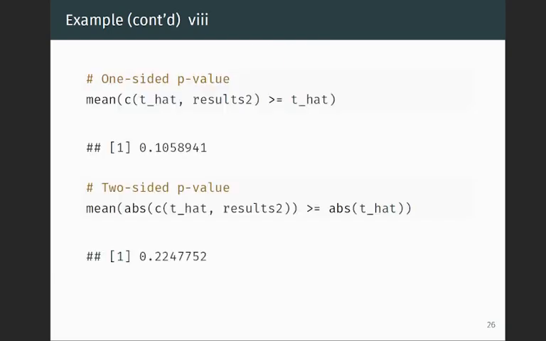But if we compute the p-values, we get something similar again to what we got without any permutations. So the one-sided p-value is 0.1. The two-sided p-value is about 0.22. And so all of those different approaches gave us similar conclusions, which is good. It means that our analysis, even with the t-test, was robust to the assumptions we made.